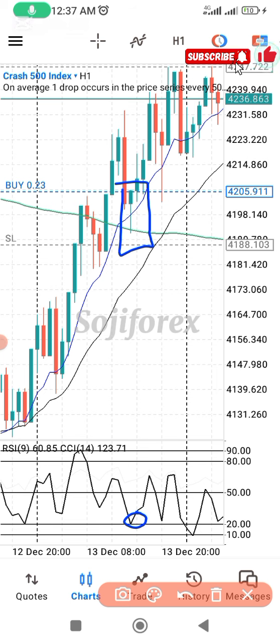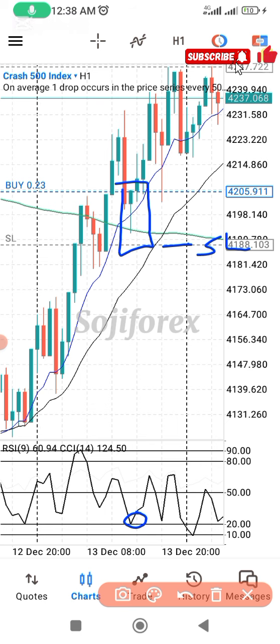So this becomes your valid entry. You sell there and your stop loss is here. So what just happened is a combination of a price action. What is your price action in this scenario? Your price action is the candlestick formation, which is a pin bar candlestick formation. So that is your entry and the price holds, and you are in this trade.